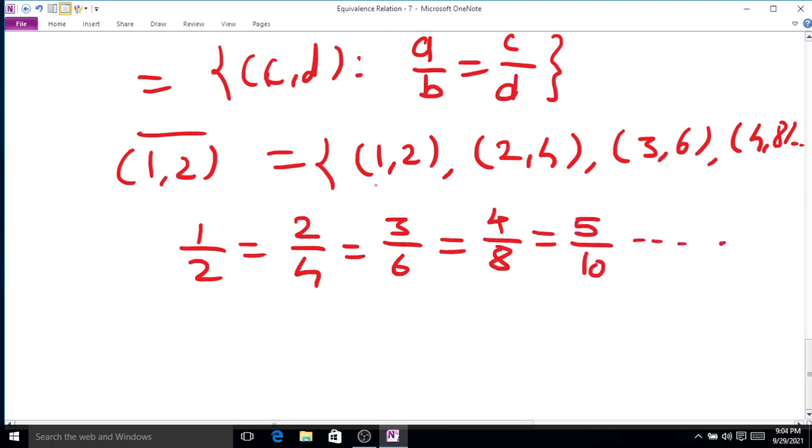So this is the equivalence class of (1, 2). Similarly, you can determine the equivalence class of any ordered pair from set A. Thank you.